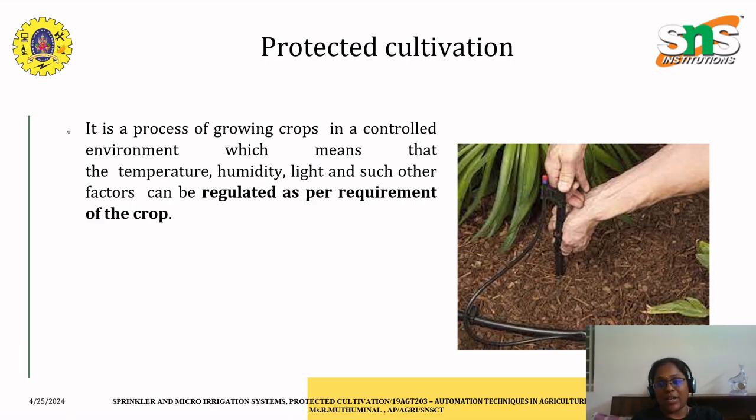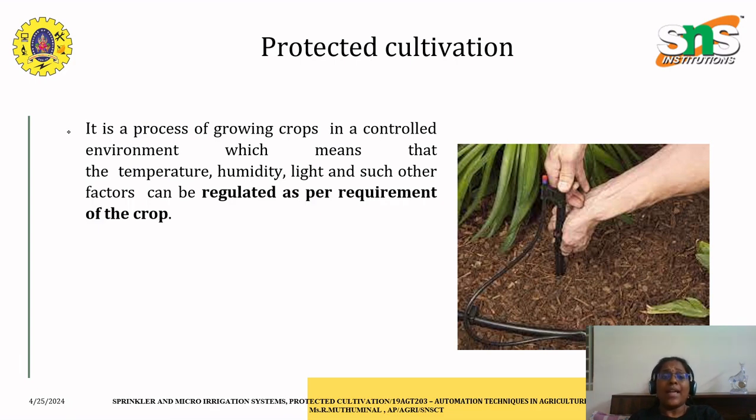The next benefit is that greenhouses and other protected structures enable the growers to extend the growing season by providing a sheltered environment that protects crops from adverse weather conditions such as frost, wind, and excessive rainfall.